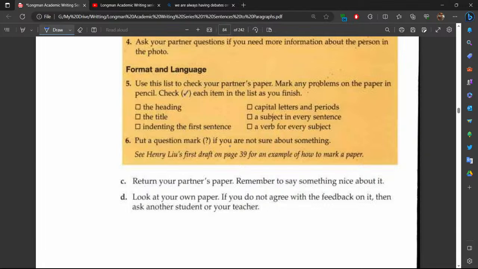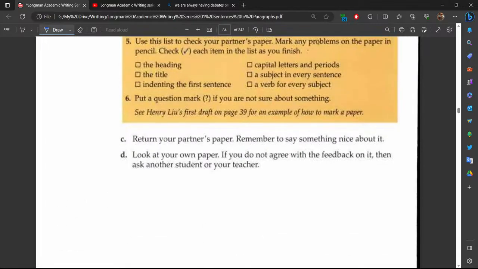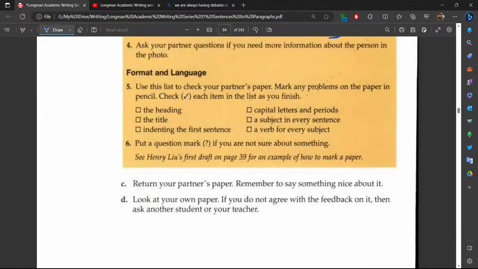Put a question mark if you are not sure about something. See the first draft on page 39, for example, how to mark a paper. On page 39 there was one, you could see how to mark it.